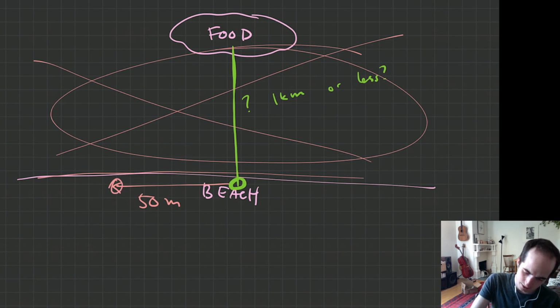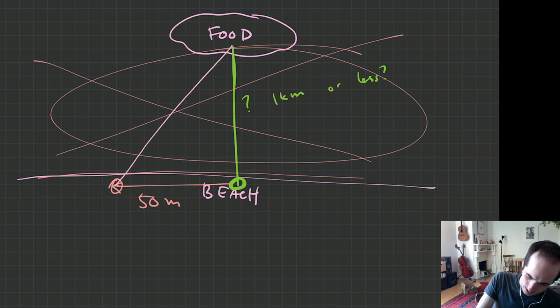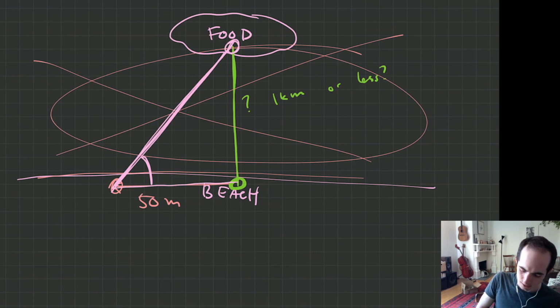You can't know the length right over here, but while you're walking on the beach, you can turn, face what you're looking to get to, and then measure this angle.